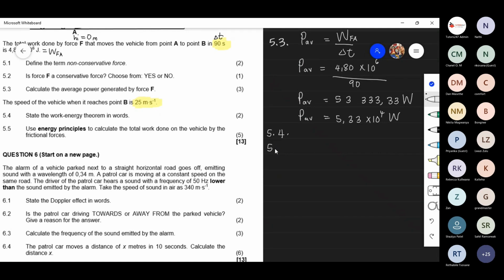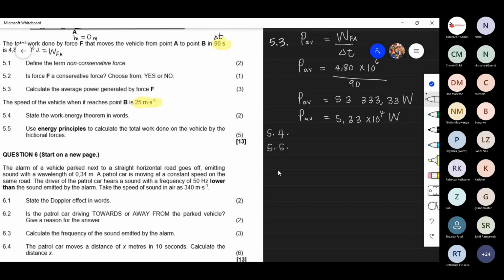So something important to take note of. Energy principles does not only refer to your work net equals change in kinetic energy formula. Energy principles refers to work net equals change in kinetic energy, work done by non-conservative forces equals change in mechanical energy, and it's also the initial mechanical energy equals the final mechanical energy.